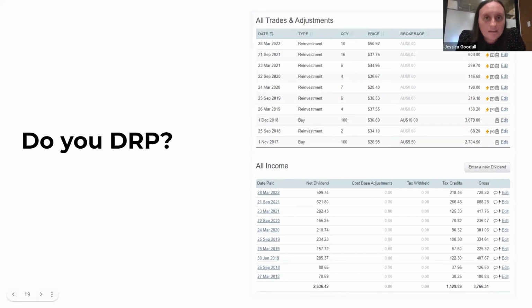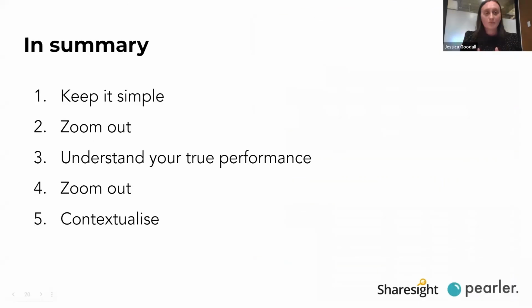So in summary, keep it simple. I mean, by all means, go ahead and complete the mathematical gymnastics that I'm not capable of, that we saw on the slide earlier. Always zoom out. That's one of the things that I really, really encourage us all to do, using Sharesight or Perla or any other tool that you find useful, and truly understanding your performance and what that means in terms of the components that make up the performance.